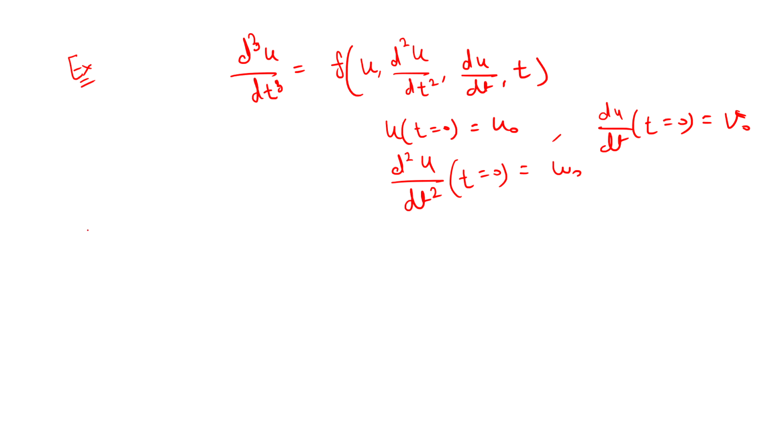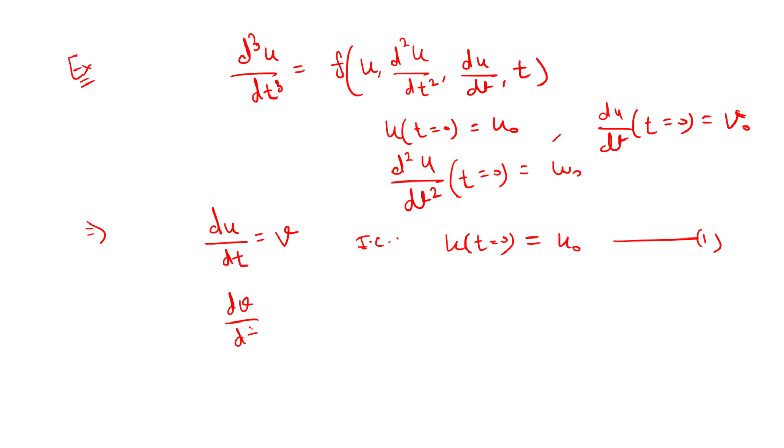To convert this into several ODEs, first I will take du over dt is equal to v, with u at t equal to 0 being u naught. This is my first ODE. I will take the second ODE as dv over dt is equal to w, with the initial condition v at t equal to 0 being v naught.